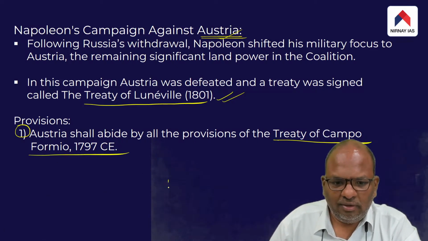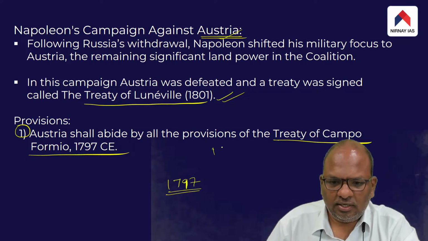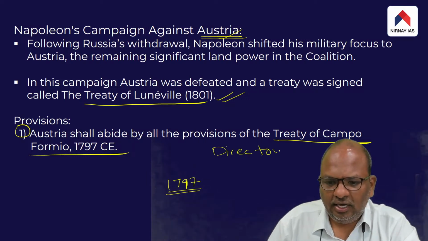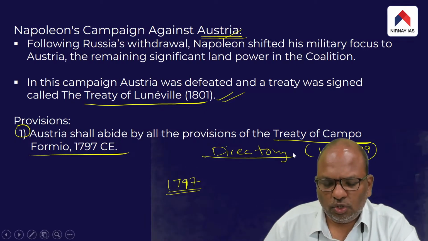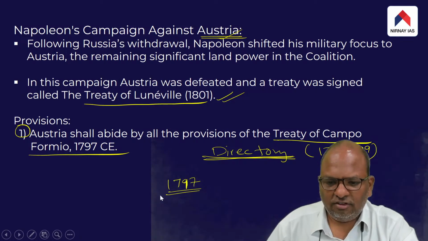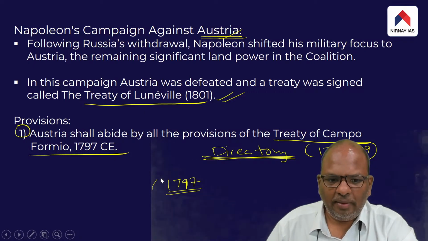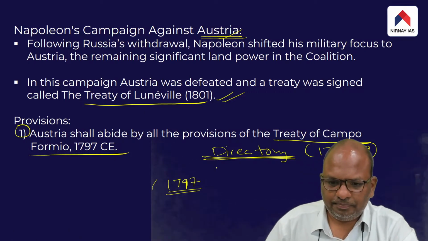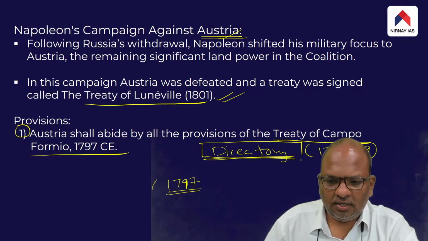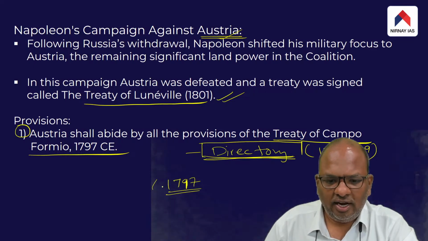I told you way back in 1797 itself, during the period of the Directory, 1795 to 1799, Napoleon was sent to invade Austria.